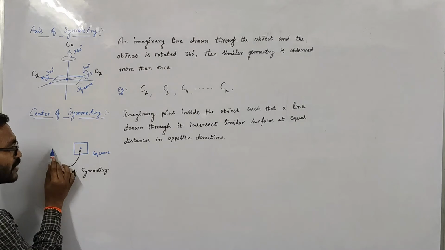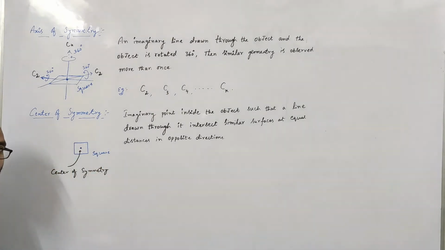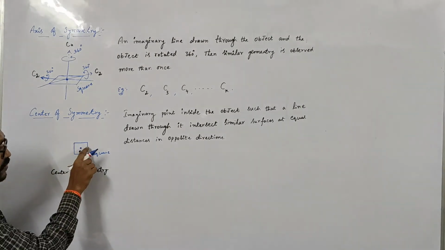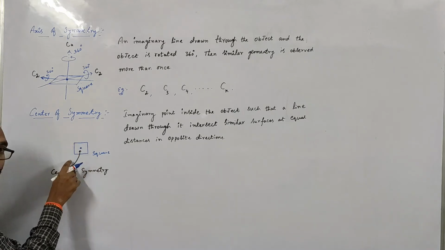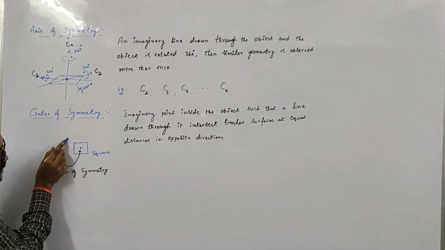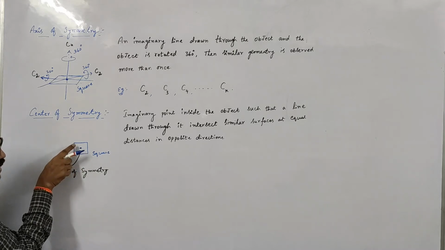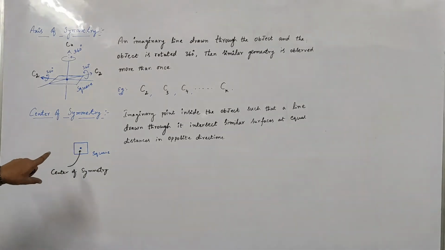If I pass any imaginary line, at equal distances will I get similar geometry, or will it meet similar surfaces or not? In this direction I will meet an edge, and in the opposite direction also I will meet an edge. If I pass a line in this direction, I will meet a corner, and at the same distance in the opposite direction also I will meet a corner. Then I call that the center of symmetry.